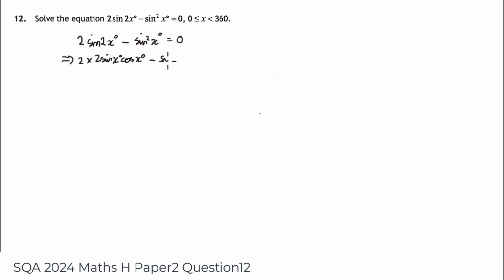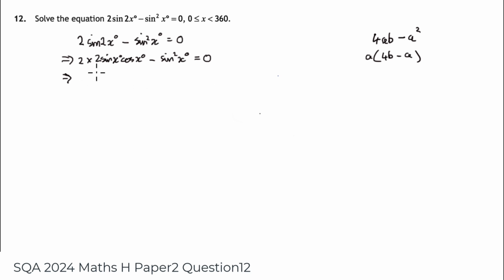minus sine squared x. Now, looking at the left-hand side, we can factorise that. There is a factor in common. For instance, if you had 4ab minus a squared, you would take out a common factor of a, leaving you 4b minus a.